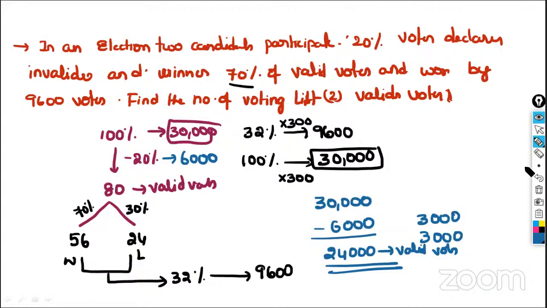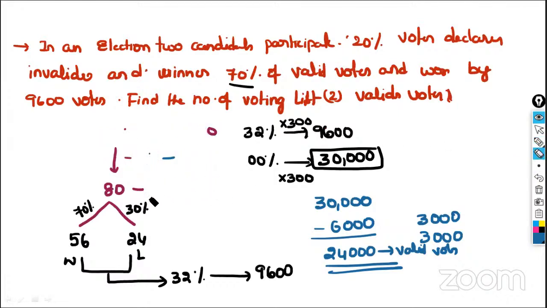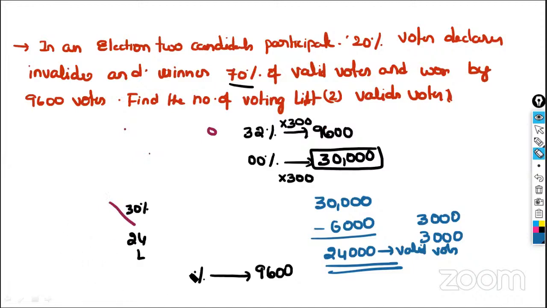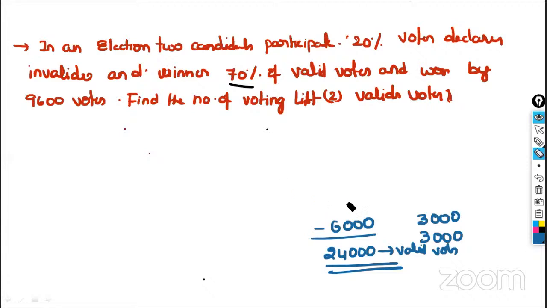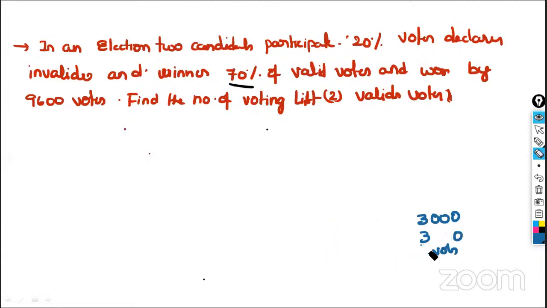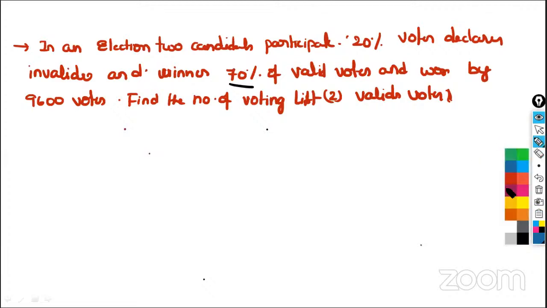Done. So how do we do it in a shortcut manner? I don't know how many valid votes there are.